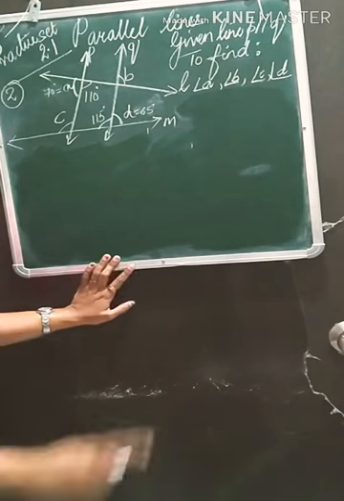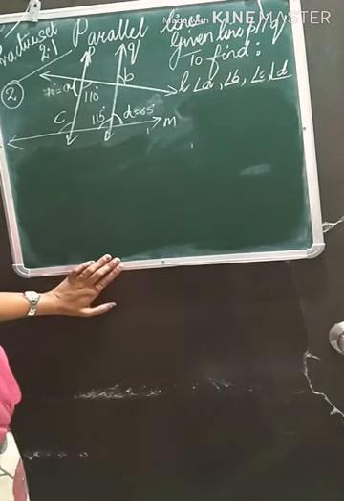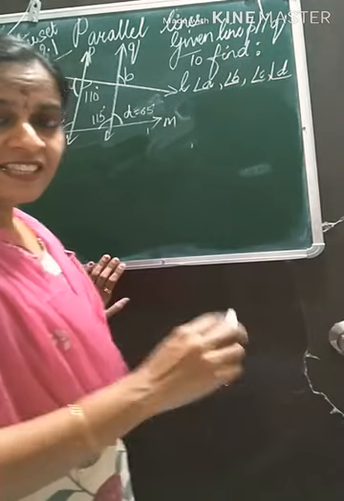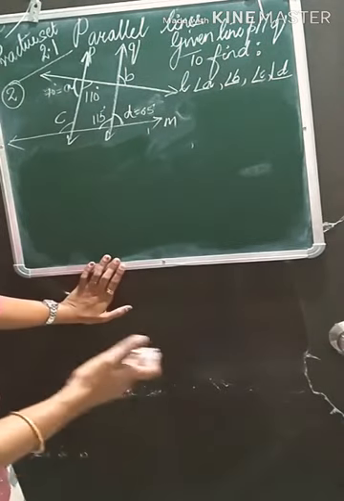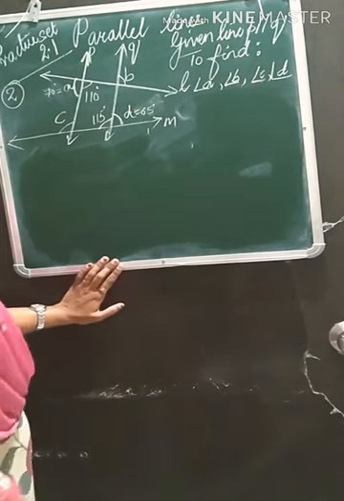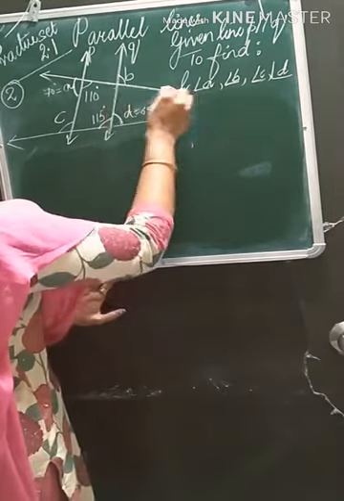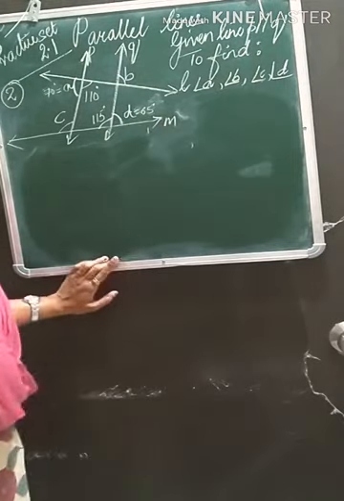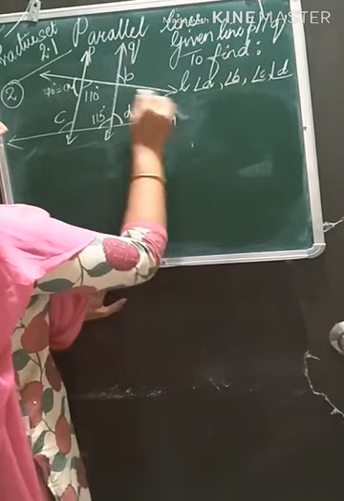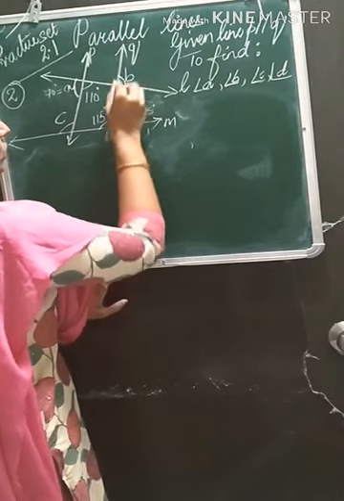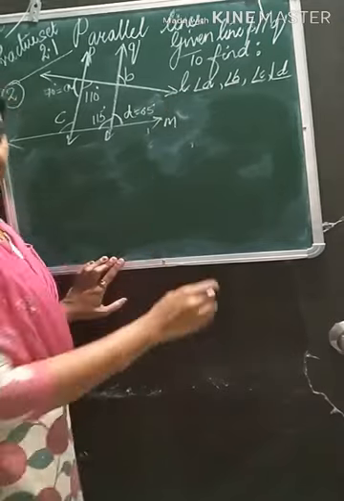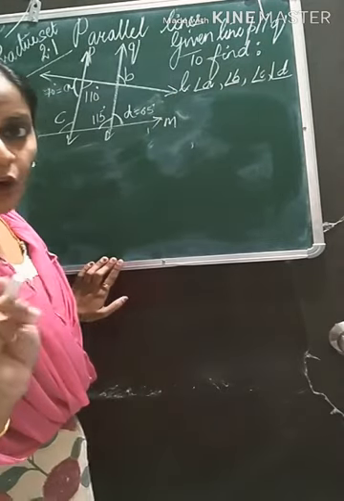I can see a relation here. What I will do is I am trying to trace corresponding alternate angles. Let me check whether I will get something like that. If you are thinking of taking angle B and angle D as corresponding angles, then you are wrong. As you can see, angle B and angle D both are falling on lines L and M, and lines L and M are not parallel.